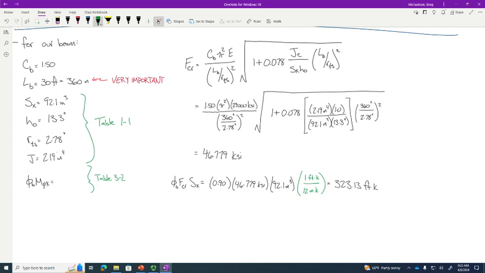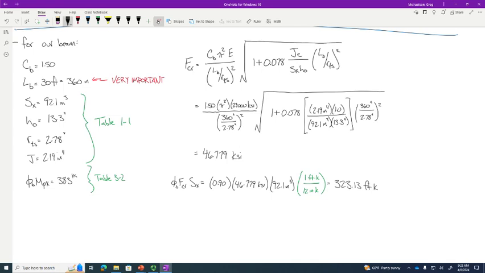383. Why am I looking up 383? Why do I care about that value? Well, I care about that because phi Mp is the absolute maximum flexural capacity that the beam can withstand. Remember, this is the LTB curve, but really the LTB curve looks like this, right?